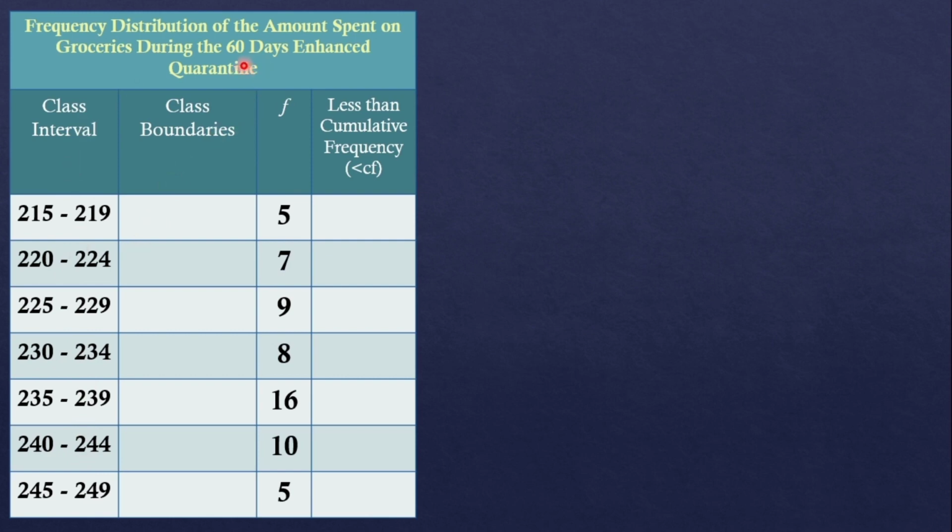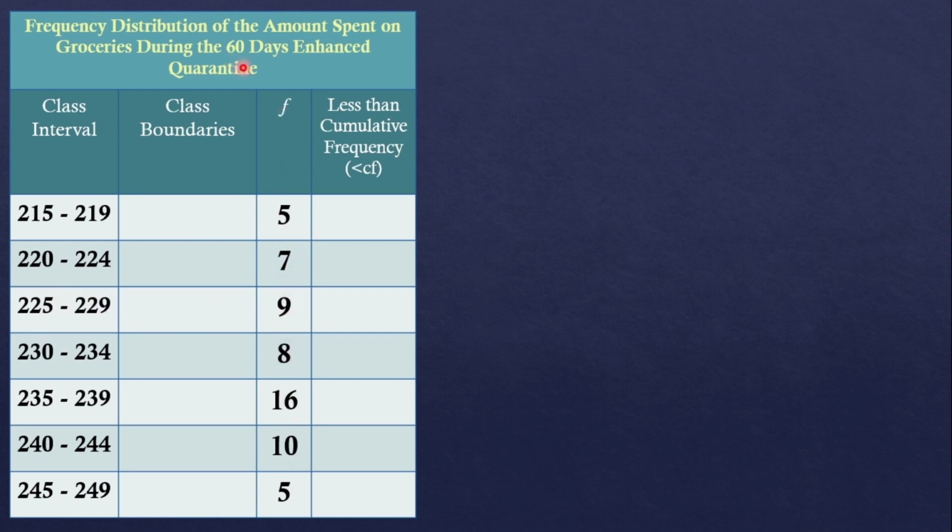And ito naman, yung bilang ng araw kung saan ito po yung nagastos nila. Halimbawa, sa loob ng 5 araw, ang nagastos nila ay inabot ng 215 to 219. Dito naman, 9 days po sila na ang nagastos nila ay inabot ng 225 to 229. So, yun po yung ibig sabihin ng data na to.